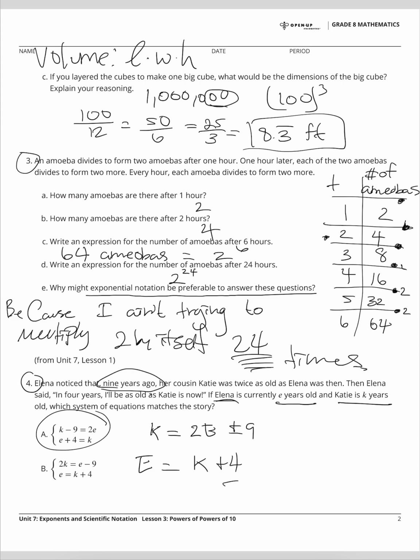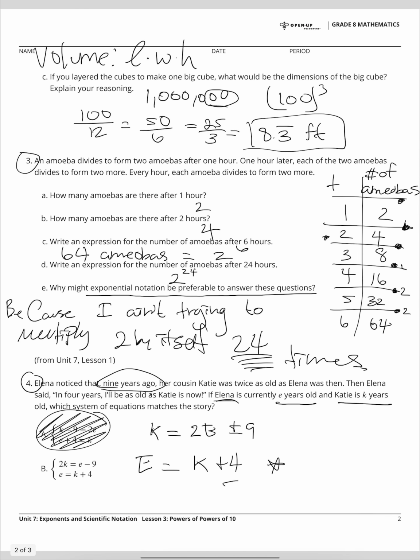Now, this one has e plus 4 equals k, so it's out of the question. E equals k plus 4. None of these have e equals k plus 4.